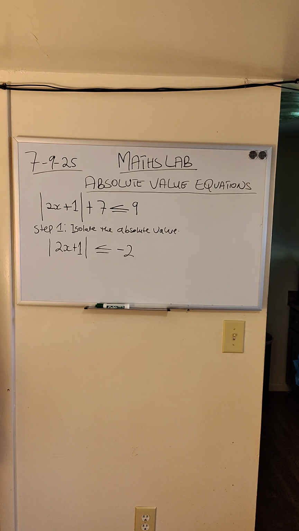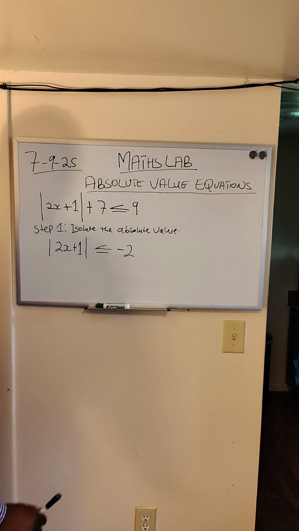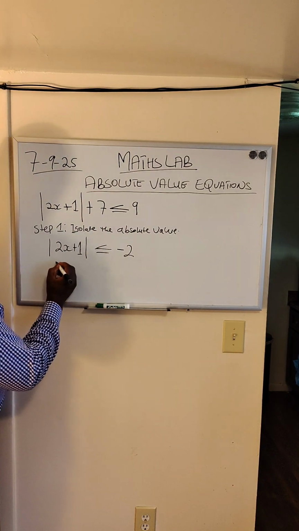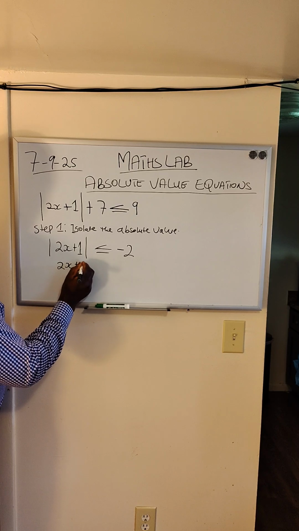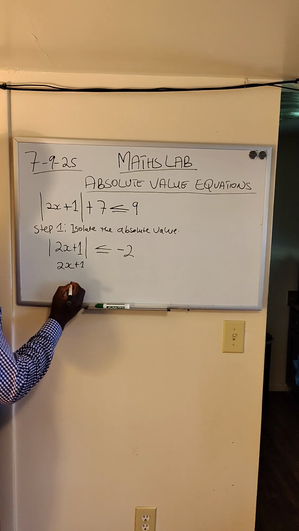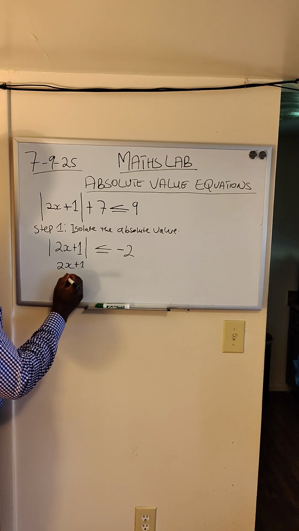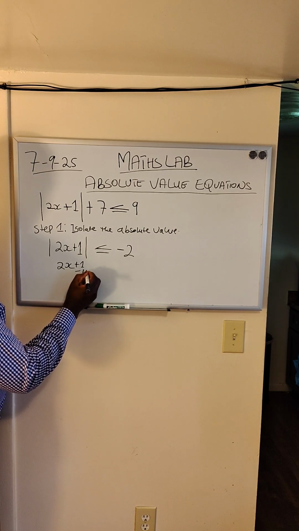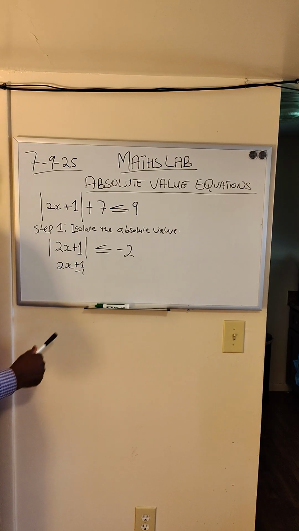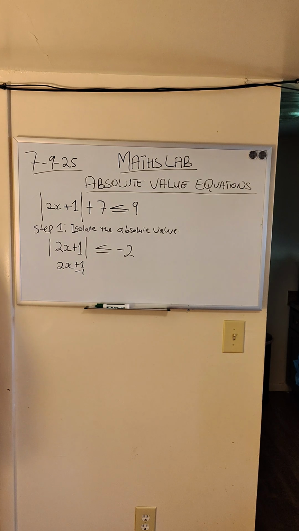So now we have to take care of x. How do we take care of x? We have 2x plus 1 right here, and for us to take care of x, we're going to minus 1 right there.